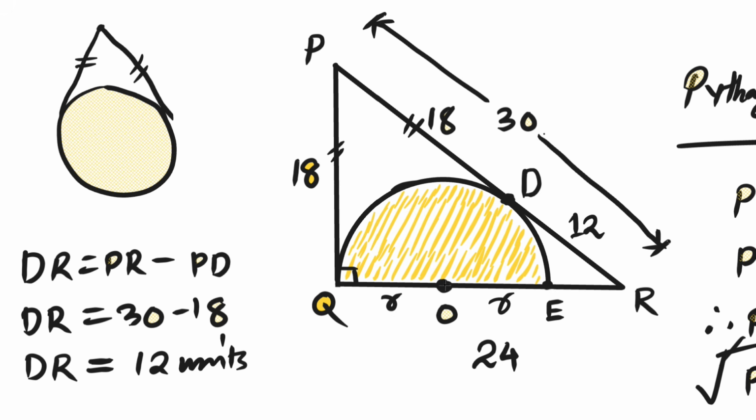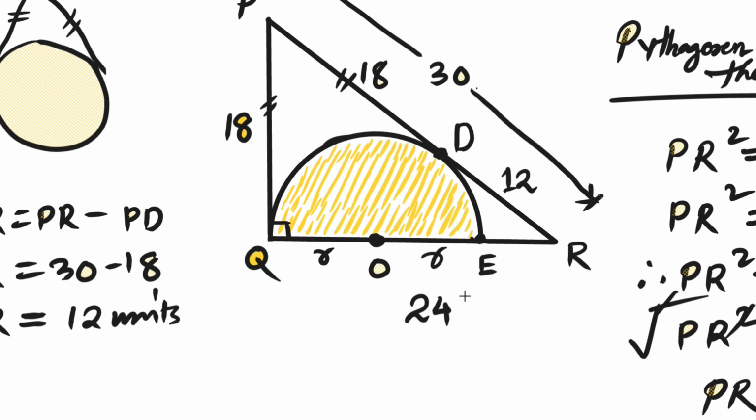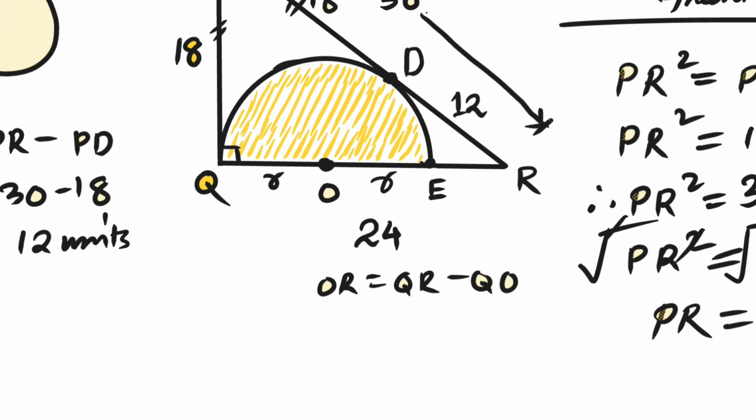Since O lies between Q and E on QR, the distance from O toward R can be expressed by subtracting the radius QO from the whole length, QR. Therefore, OR equals QR minus QO. Substituting the known values gives us OR equals 24 minus r.